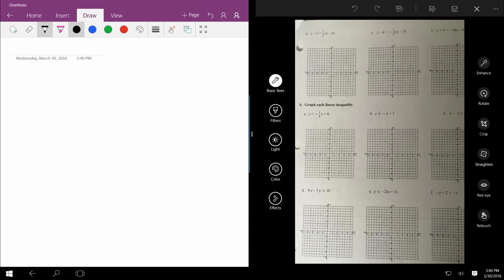Let's look at linear inequality. Hold on. Said inequality, and I write it that way. What are we going to do here?